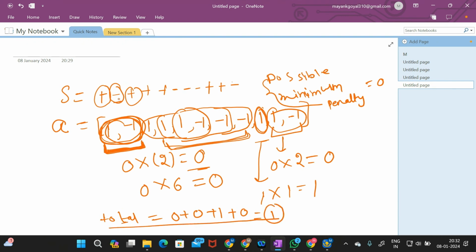So what is our intuition? We take all the combinations of 1 and minus 1.